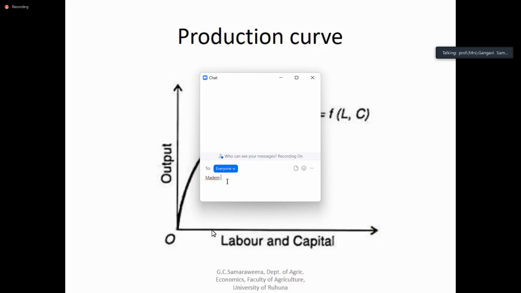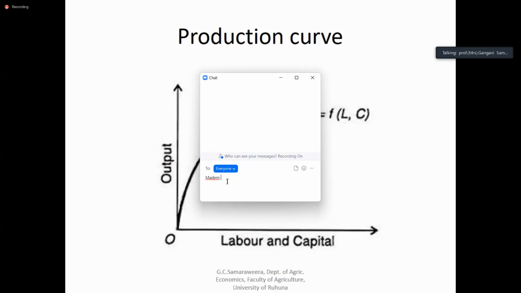Then see, when we use the input, gradually the output is increasing, and gradually it becomes constant. After some time, it may even decrease, because if we use too much labor or too much fertilizer on a particular crop, there are tolerable limits.